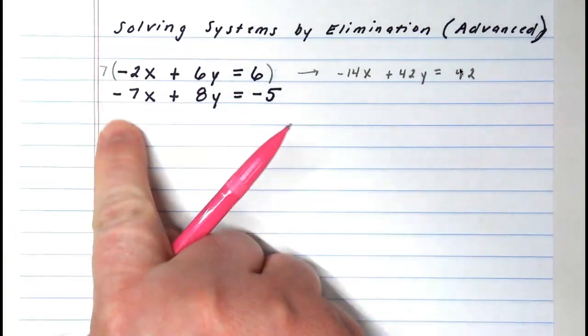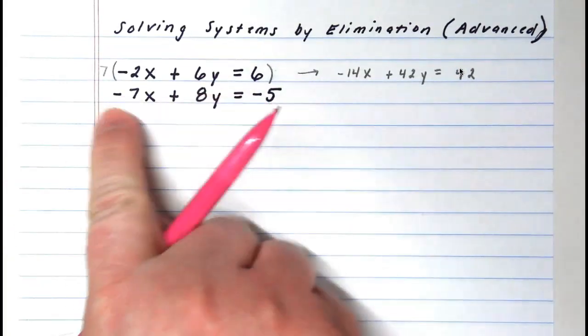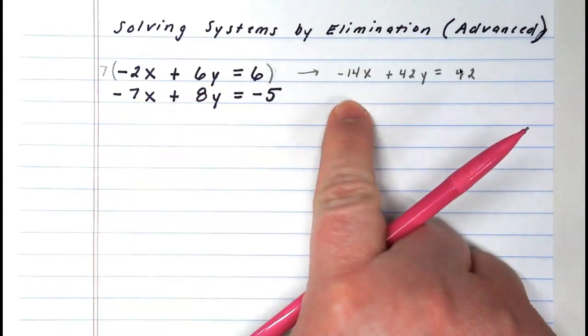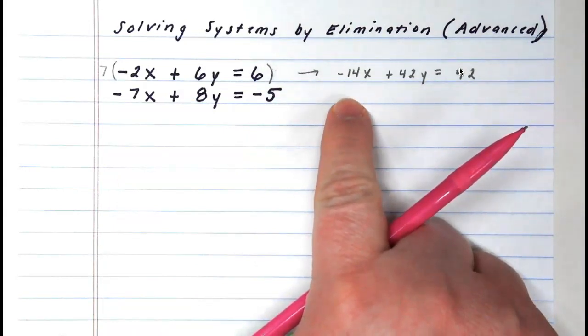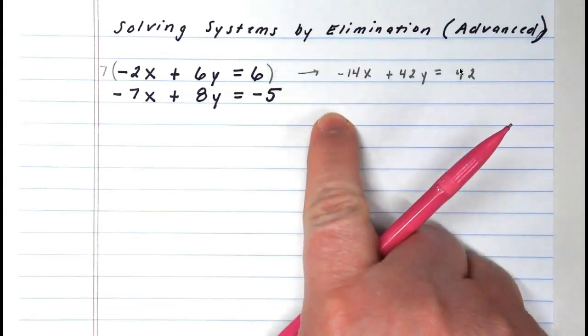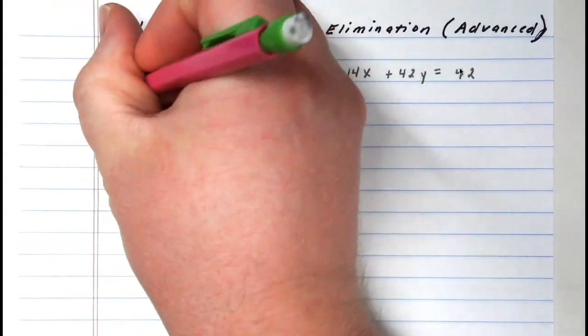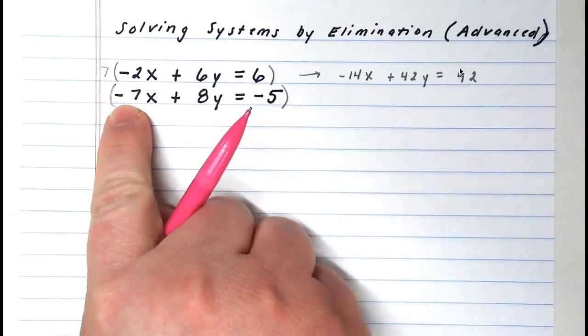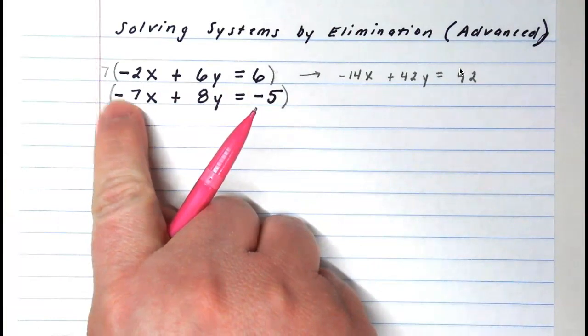Now we need to do a similar thing down here, but now we have -7x, and we want it to be 14x. It would be really good if it was positive 14x, because negative plus a positive would end up being 0. So if we want it to be positive 14, we'd have to multiply -7 by -2.